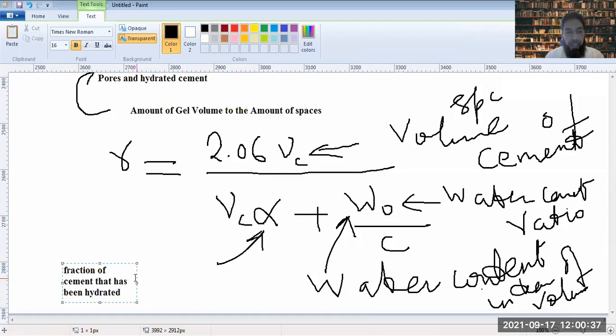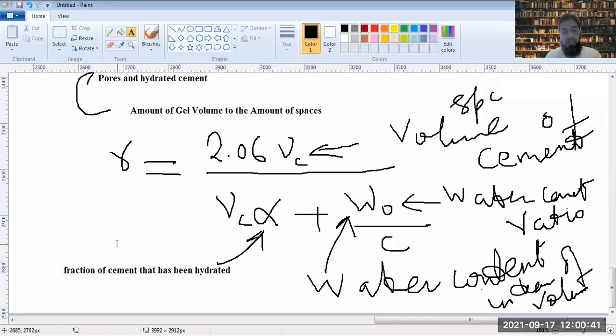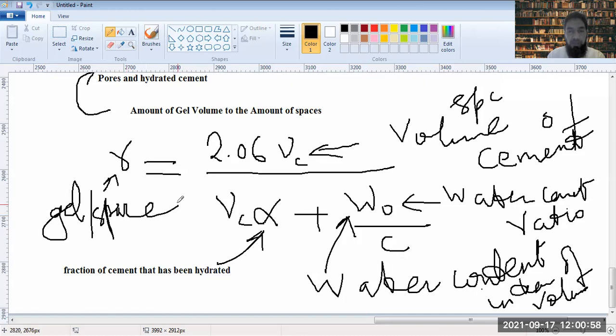So it's a fraction of cement, itself a ratio, denoting how much amount of cement has been hydrated. So this is the equation, and R that you are getting finally from here is the gel space ratio. This is an empirical equation for determining the gel space ratio.